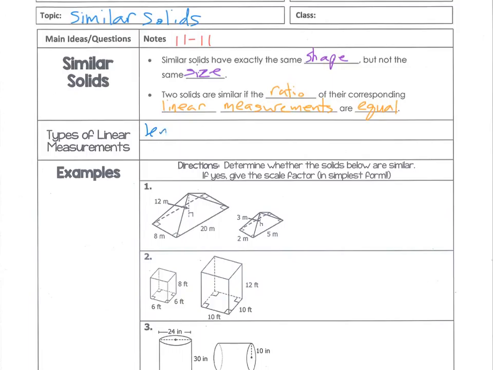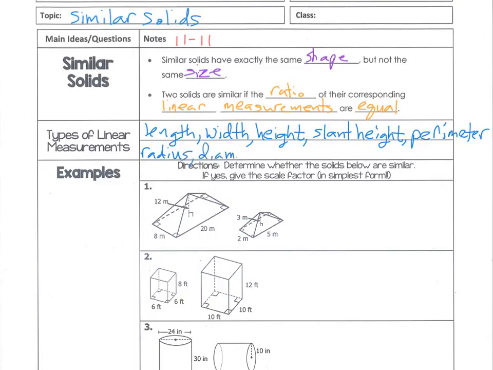So you can compare lengths, width, height, slant height, perimeter, radius, diameter, circumference.